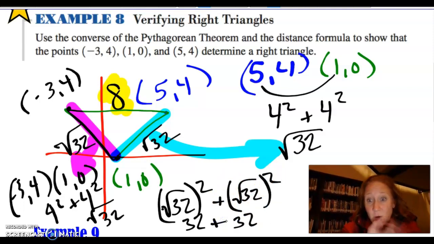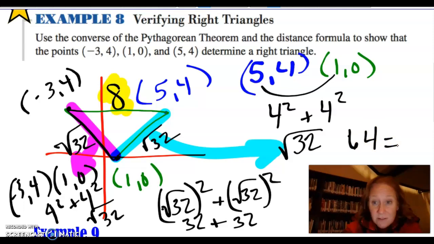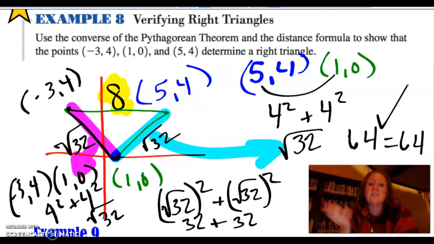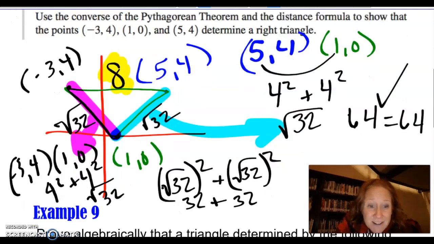So that equals 64. Okay, so then a squared plus b squared equals c squared. So that's 64. Does that equal the other side squared? 8 squared, 64? Yep. So therefore, I know that it actually is a right triangle. So you just find all three sides, and then you a squared plus b squared equals c squared. And if it works, it works.